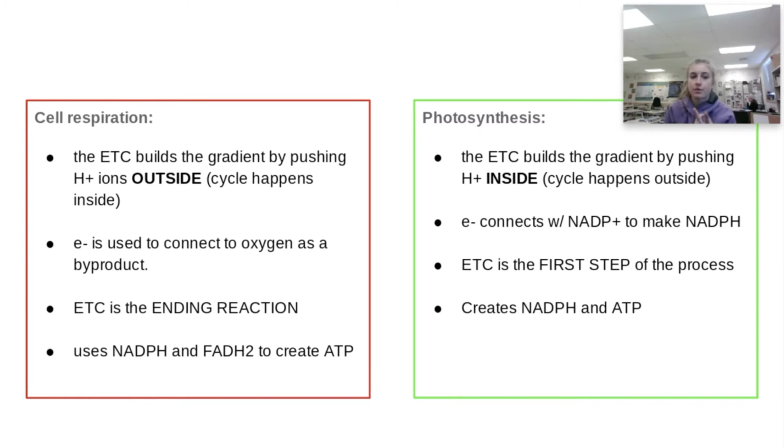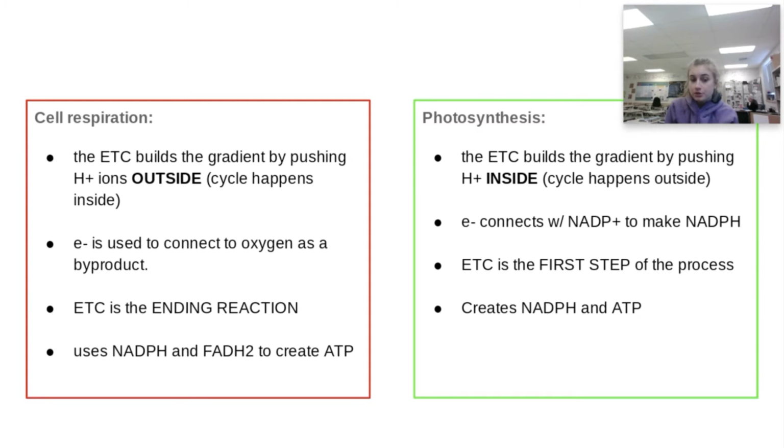So those are just two opposites right there. Additionally, in cell respiration, the electrons are used to connect to oxygen to create the byproduct of H2O. Whereas in photosynthesis, electrons connect at the end of the ETC with NADP plus to make NADPH. So the end goals of those are a little different.